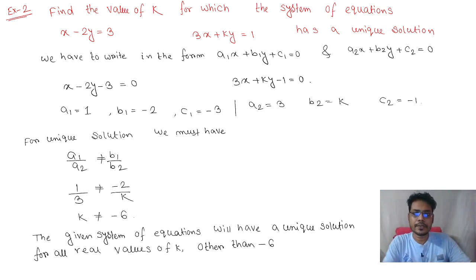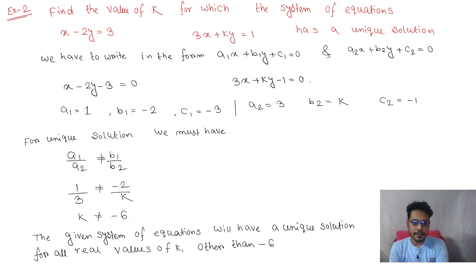Then we can say the system of equations has a unique solution. As we know, first we have to write in the form a1x plus b1y plus c1 is equal to 0, and a2x plus b2y plus c2 is equal to 0. Now convert this in this form. So we can say x minus 2y minus 3 is 0, 3x plus ky minus 1 is 0.